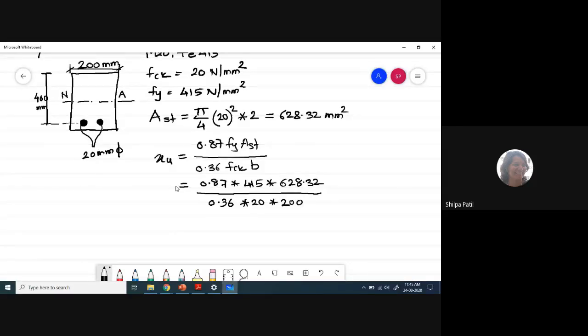So what is my XU value coming? 157.54 mm. Okay. Now we have to compare this XU value with XU max.